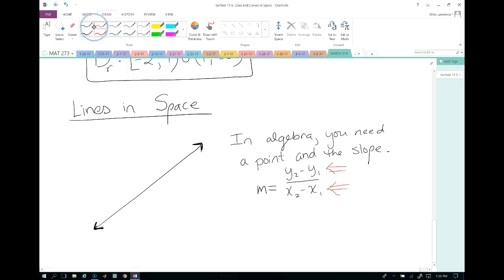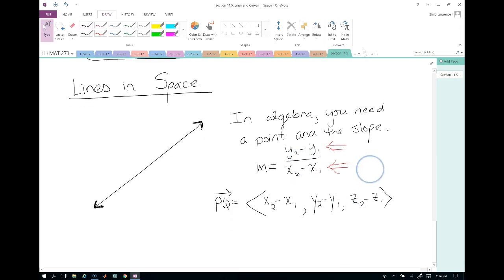So what we do instead is when we write a vector in component form, just as a reminder, if we know the initial and terminal point, we have x2 minus x1, y2 minus y1, z2 minus z1. So really, our component form of our vector describes the same things, and it also includes the z.